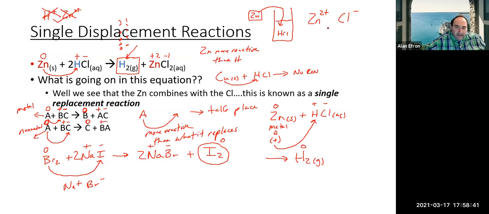Then these two guys will come together and make a new ionic compound, which is ZnCl2 in that particular case. And this again is a single replacement reaction because one guy is coming in and replacing another. So it's like a one-to-one replacement that's happening in this particular reaction.